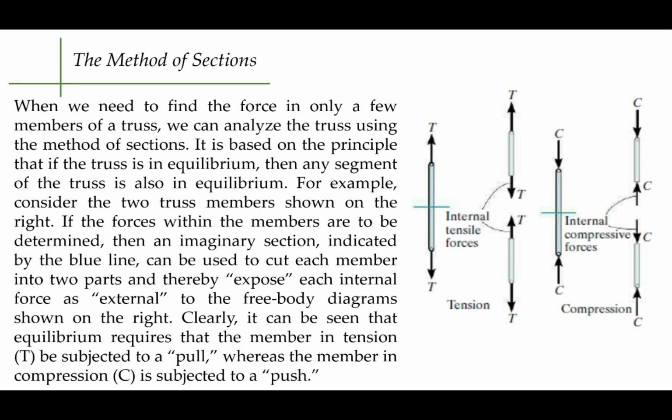Now, this is based on the principle that if the truss is in equilibrium, then any segment of the truss is also in equilibrium. For example, looking at the figure on the right, consider the two truss members shown. If the forces within the members are to be determined, then an imaginary section indicated by the blue line can be used to cut each member.